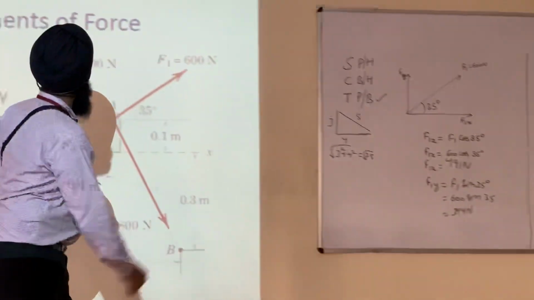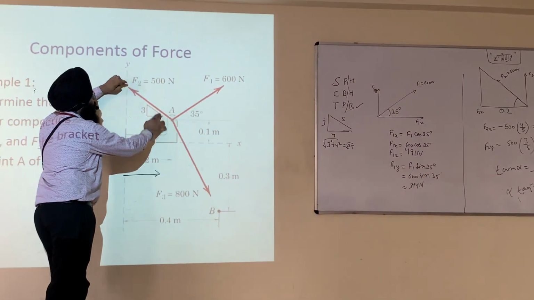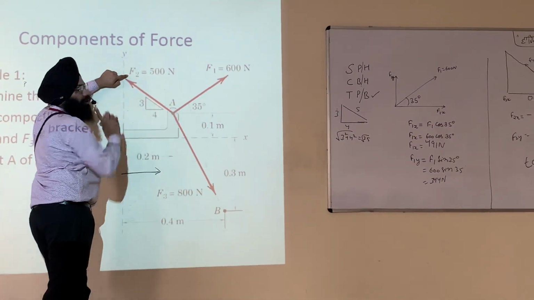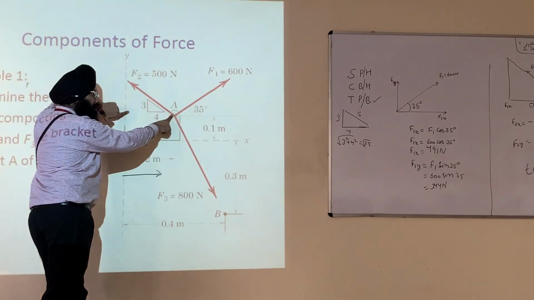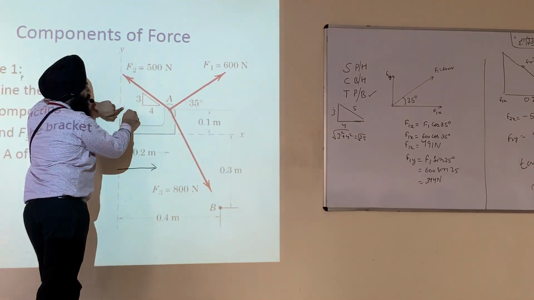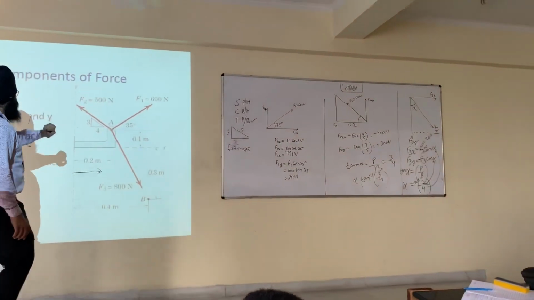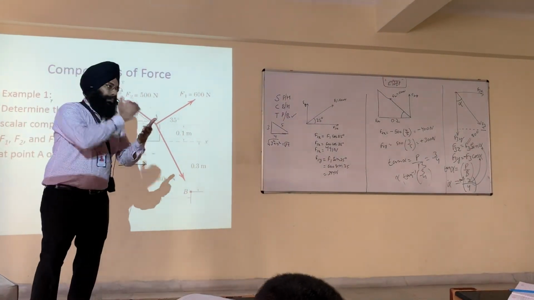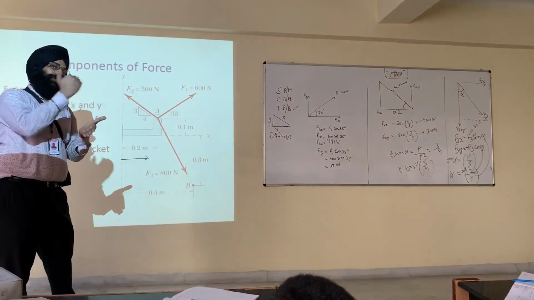Second case. For F2, the value of perpendicular is 3 and the base is 4. That means in case 2, the angle is not given, but the values of perpendicular and base are given. So F2 along the x component will be equal to minus F2 times 4 by 5, because it is in the negative x direction and the hypotenuse is 5.